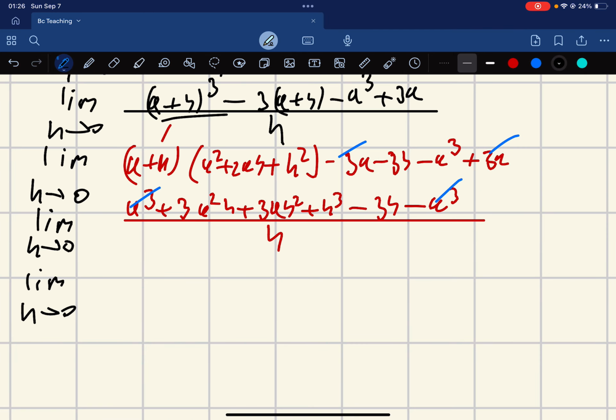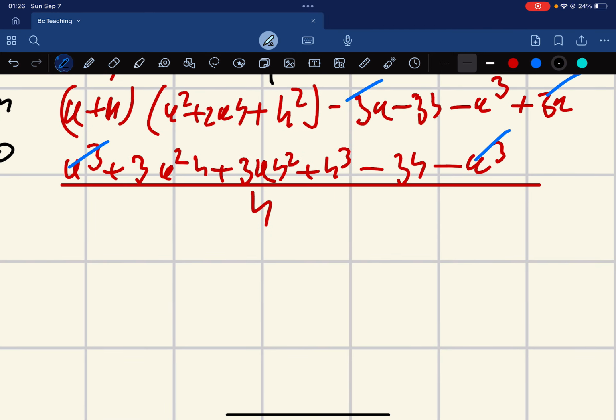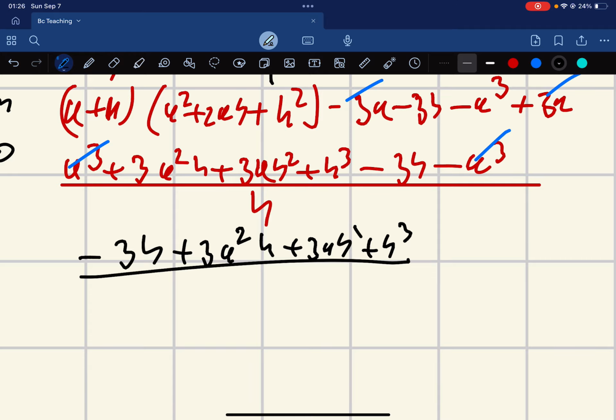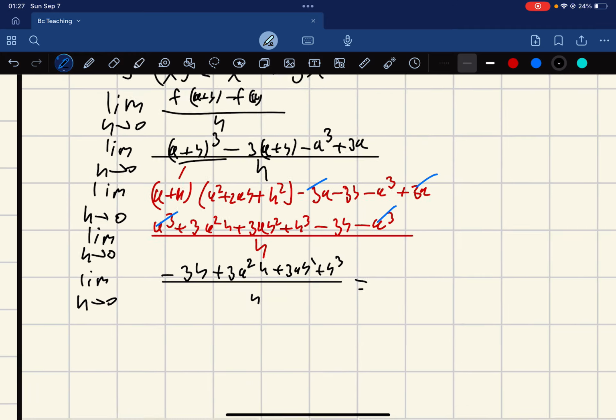These two go away. What's left? You have minus 3h, plus 3a squared h plus 3ah squared plus h cubed over h.